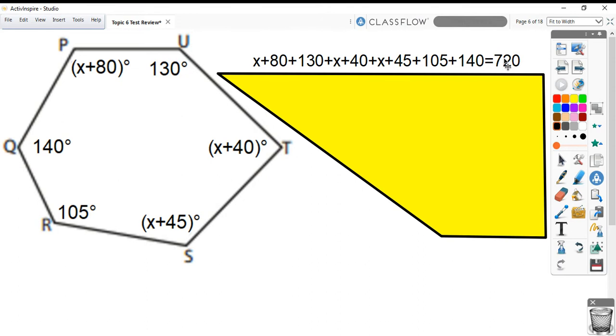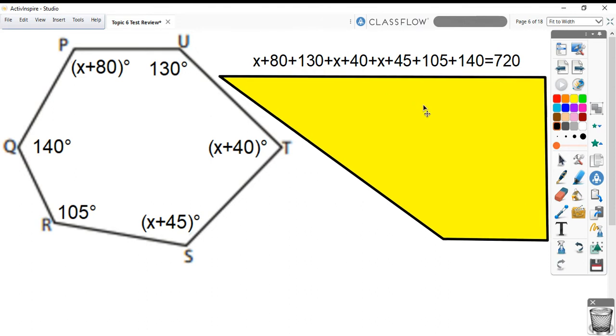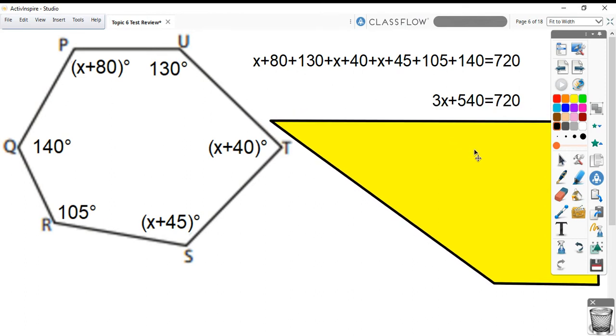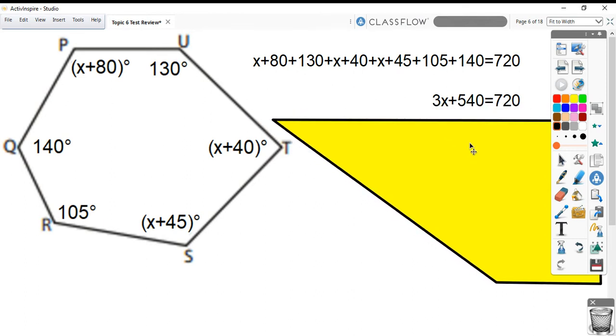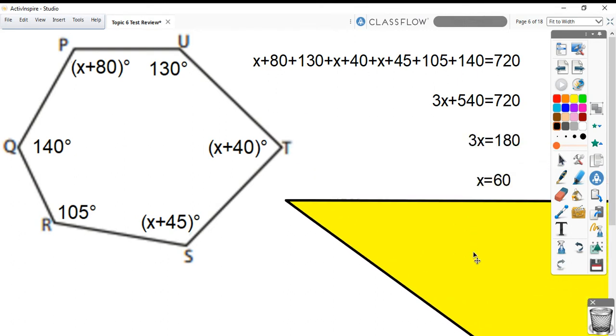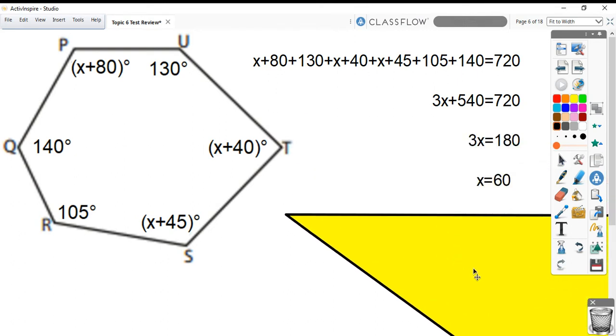Using that same formula as before, the sum of the interior angles on a hexagon should be 180 times 4. 6 minus 2 is 4, so it's 180 times 6 minus 2. That's where that 720 came from. We move that on down, combine like terms, and then again, it's just send home the friends, send home the family members. x equals 60.